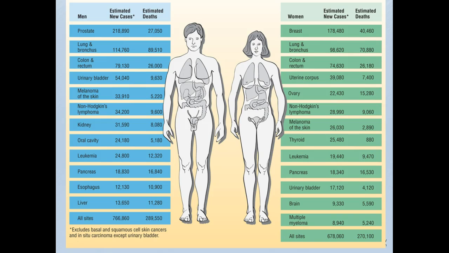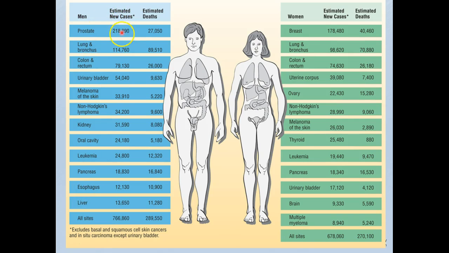So as a rough example, here is a chart. Here is a picture. You have a male on one side and a female on the other. And then here you have some types of cancer.